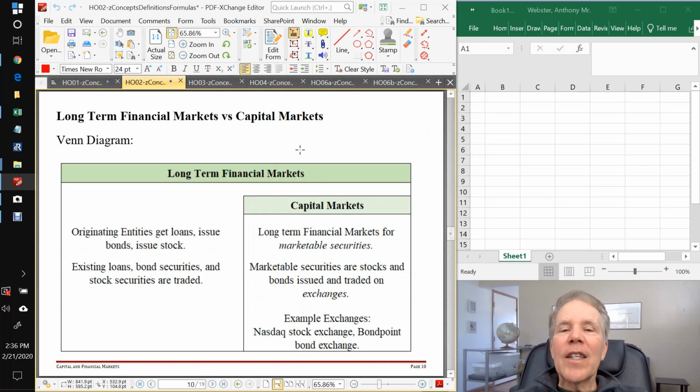Okay, and capital markets are a subset of long-term financial markets. Capital markets are restricted to marketable securities. Okay, so we could go to a long-term financial market and get a big loan, and it might say in the loan contract that this contract can't be transferred to anyone.